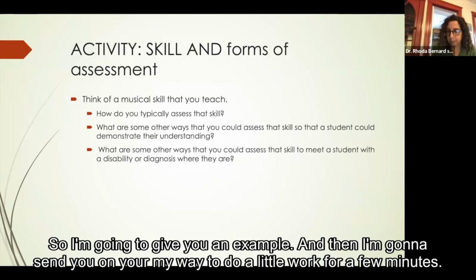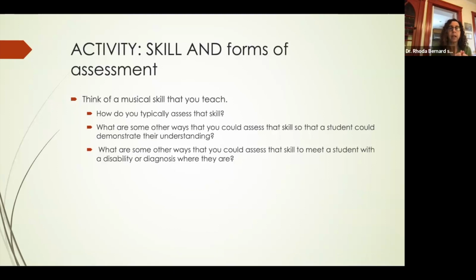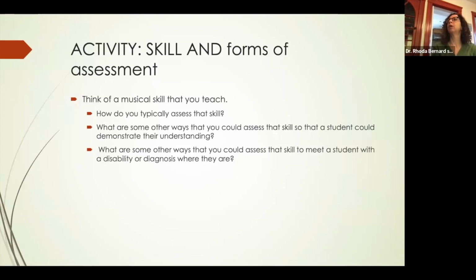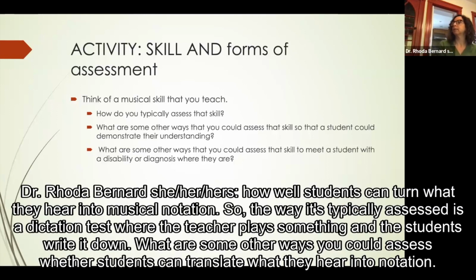So I'm going to give you an example, and then I'm going to send you on your merry way to do a little work for a few minutes. Let's say the example is dictation. So how well students can turn what they hear into musical notation.